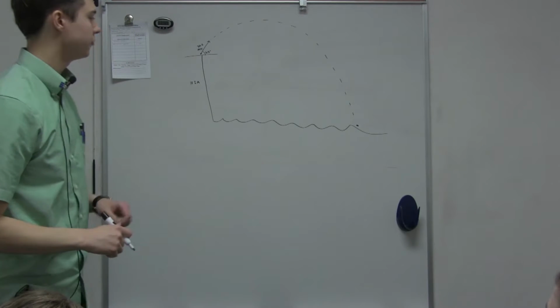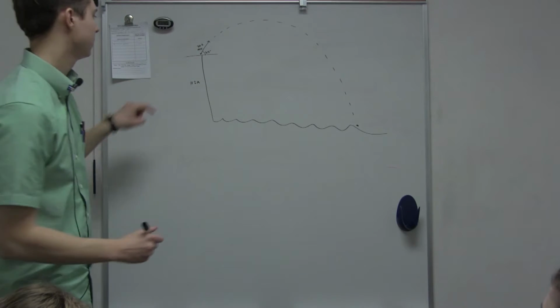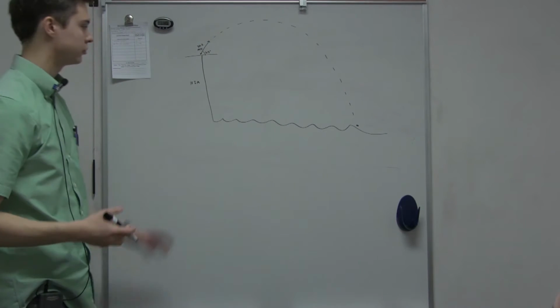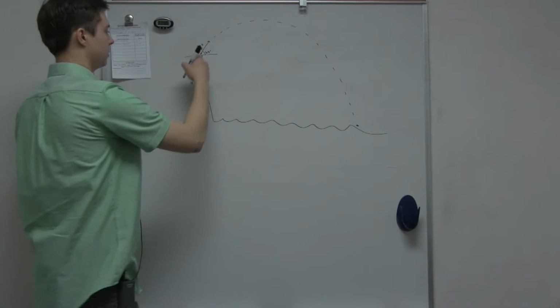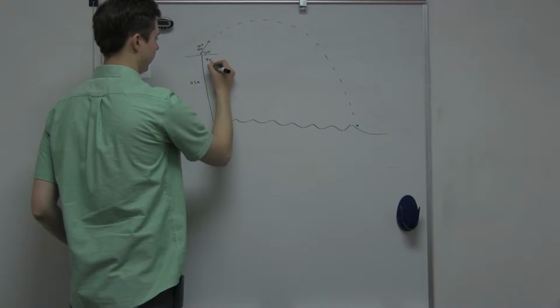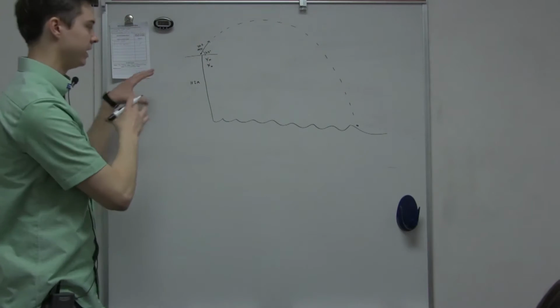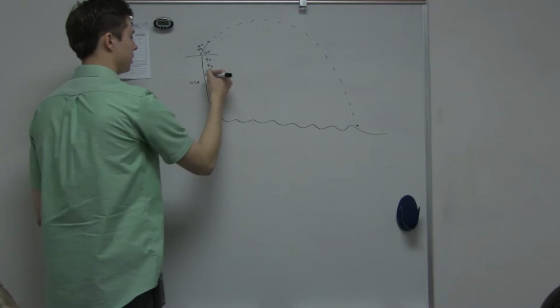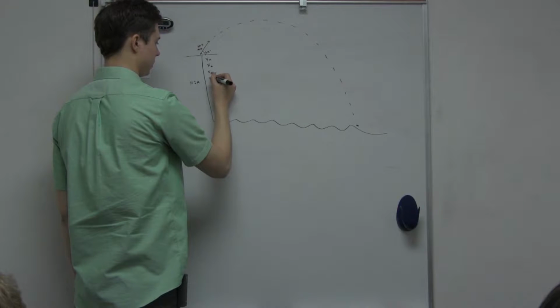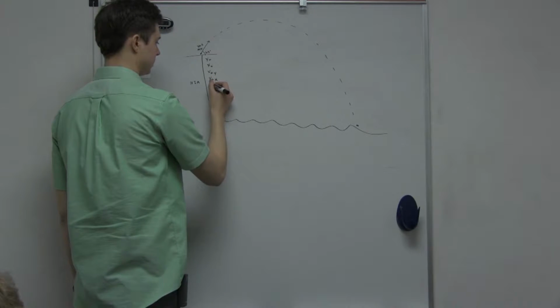So we're most interested in this initial point and this final point. So let's go ahead and use variables to describe both those 2 points. Here we can describe it with a y naught and an x naught. That'll tell us where it is in space. And then we can also describe it with a v naught y, a v naught x, and a t naught.